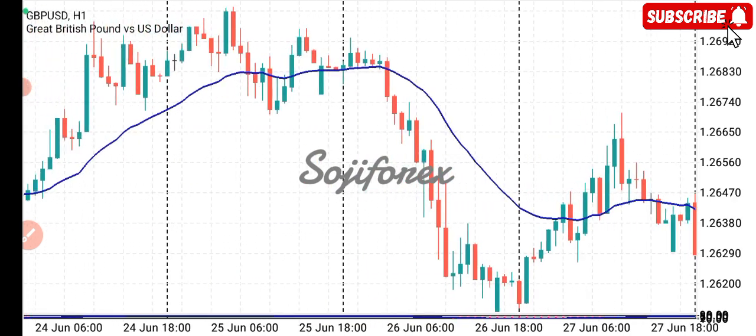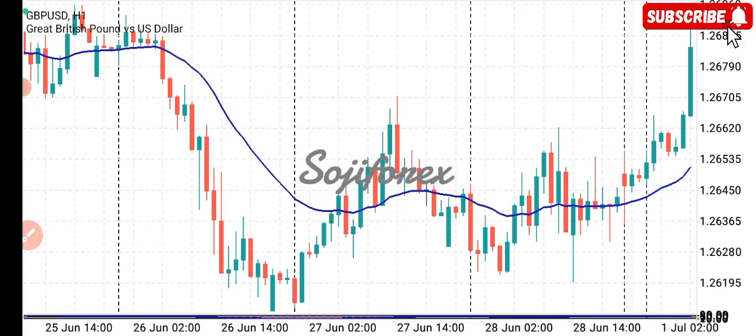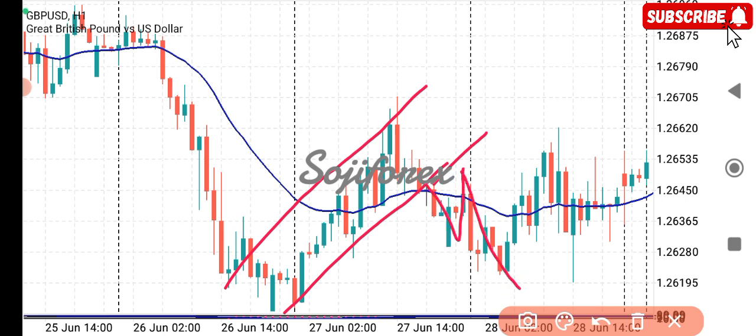So this is pretty much very simple. Here I would have come up with this way. There's a bearish flag pattern, and then price break out of it, retest, and I would have taken this trade.